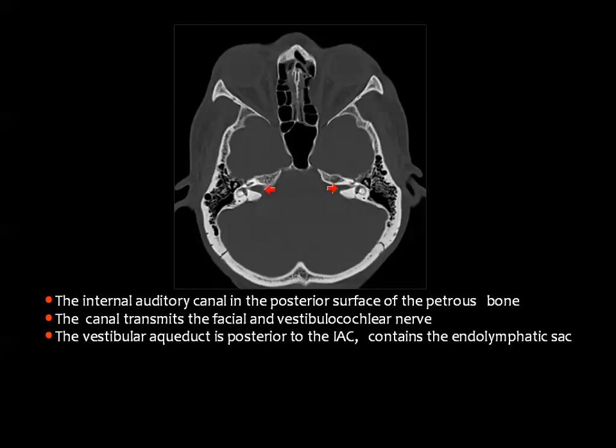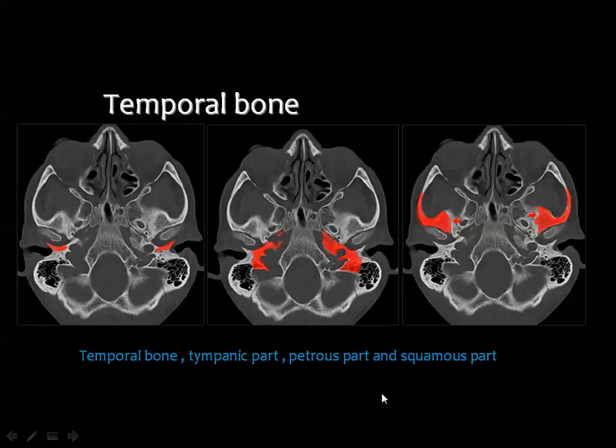We have discussed this part particularly in the imaging of the petrous bone, but we'll have the details of this area which is relevant to our subject. Also here you can see the endolymphatic duct and sac, or the vestibular canal, which also may be the seat of one of the tumors affecting this particular system.